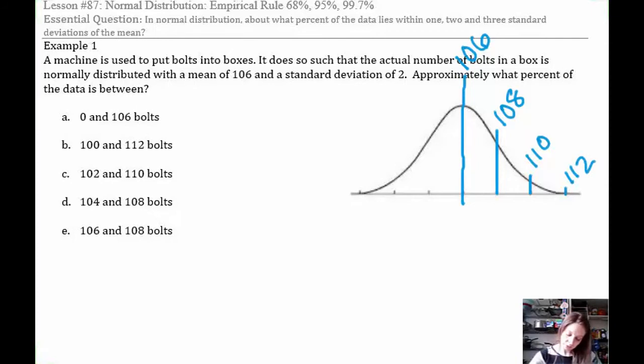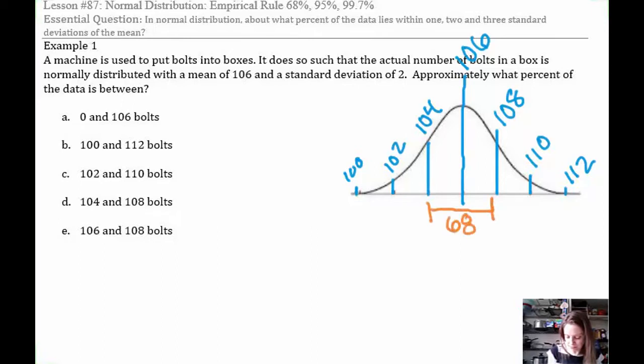And then I'll go below the mean. I'll subtract 2 and get 104 bolts is 1 standard deviation below. 102 is 2 standard deviations below, and 100 is 3 standard deviations below. Now, while these numbers are in my head, I'm also going to write out the empirical rule.